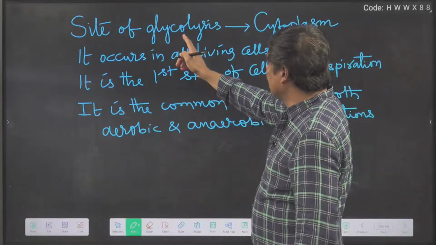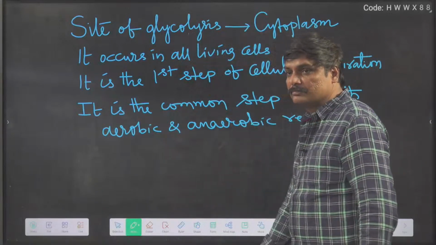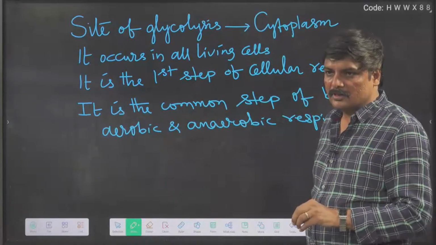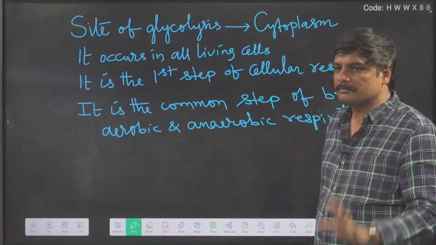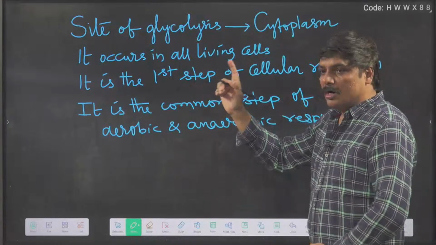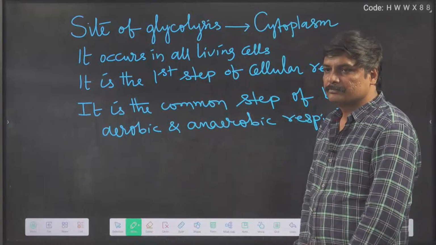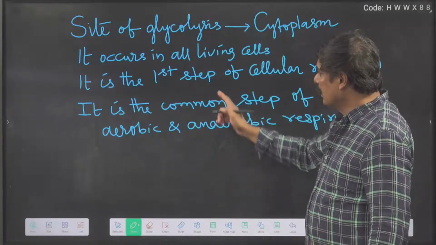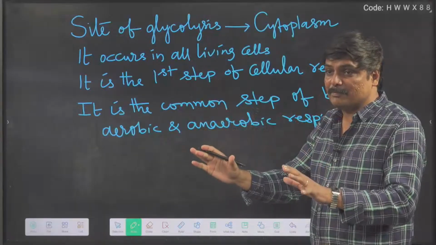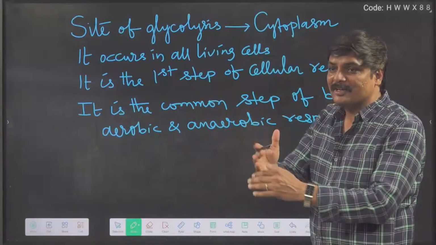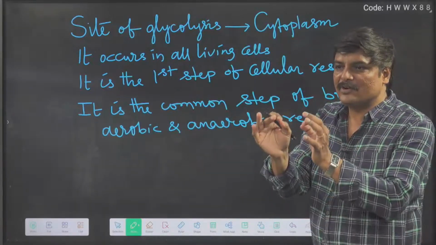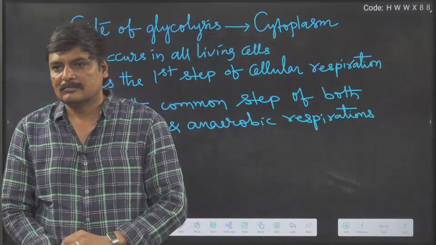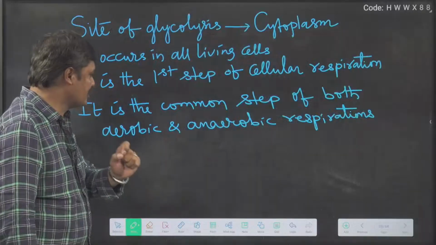The site of glycolysis is cytoplasm. That means glycolysis occurs in the cytoplasm. No cell organelle is required. It occurs in all living cells. I told you, in all organisms. And it is the first step, whether it is aerobic respiration or anaerobic respiration, the first step will be glycolysis.